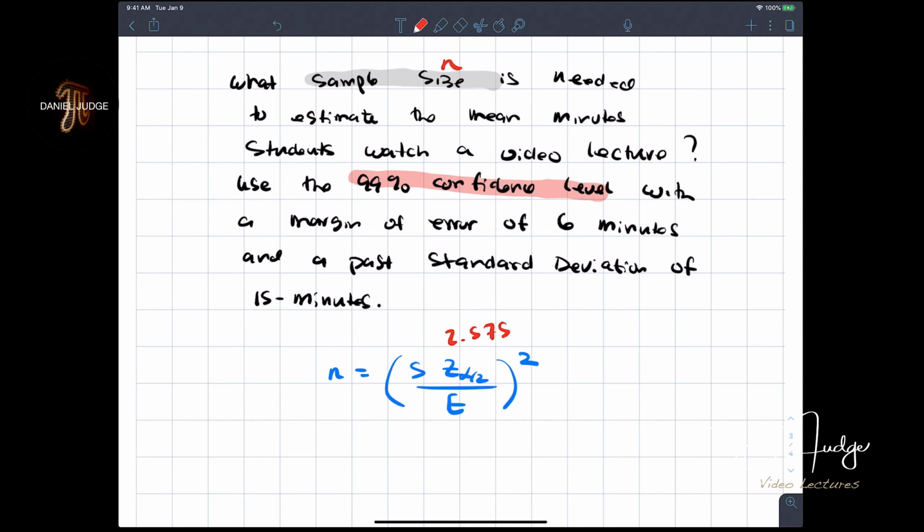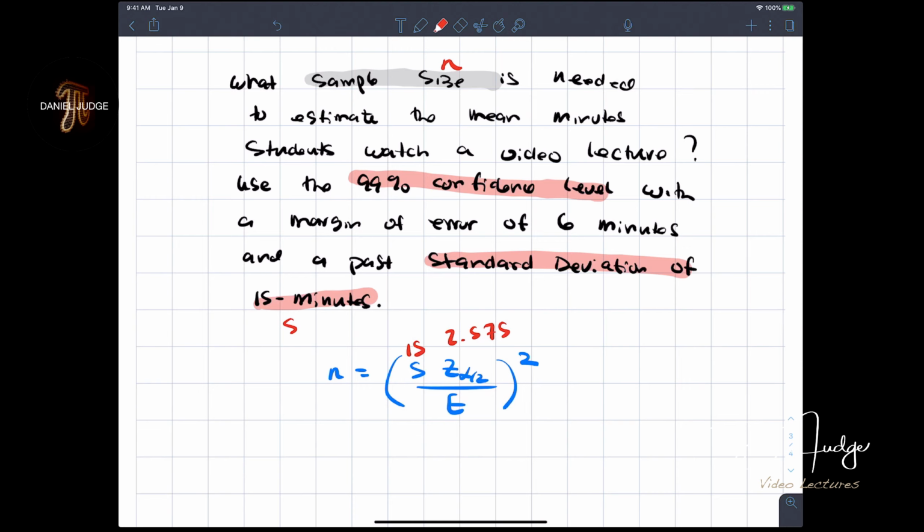Okay, good. And now we say, well, what is S? The past standard deviation. Anybody know what the past standard deviation was? 15 minutes. So S is 15 here. Okay, the error here. What's my error?